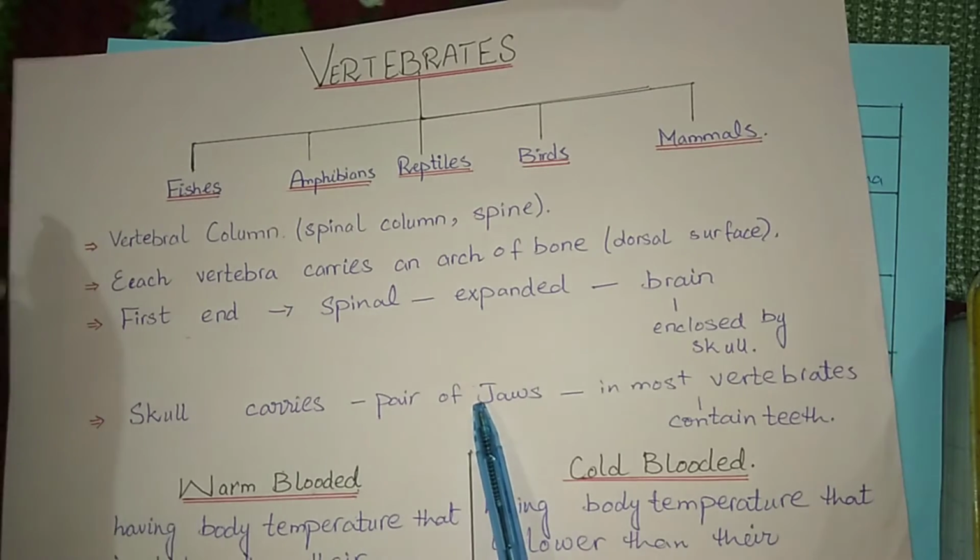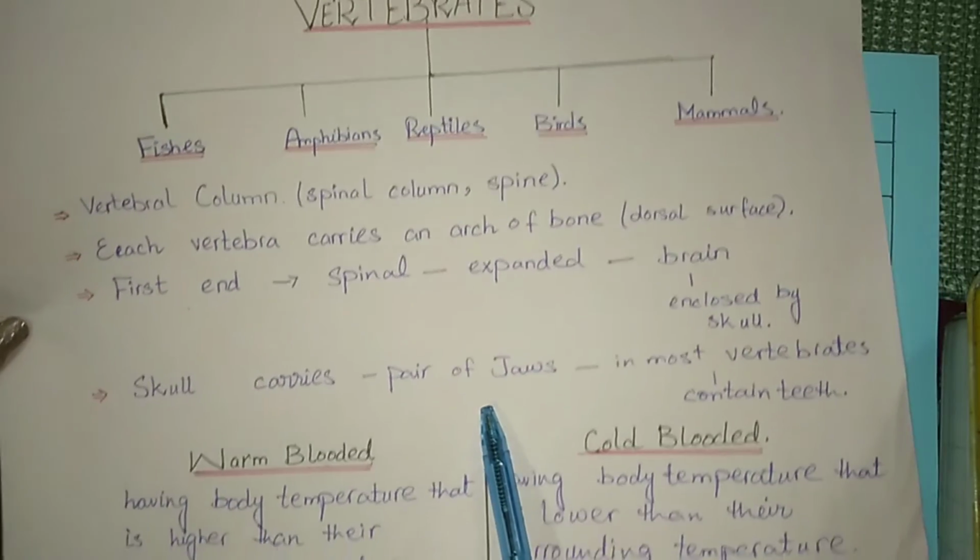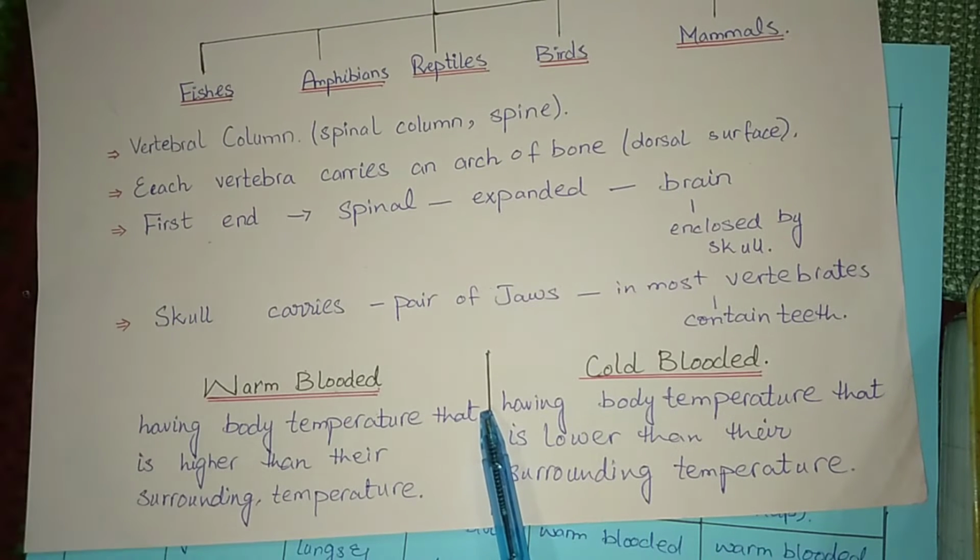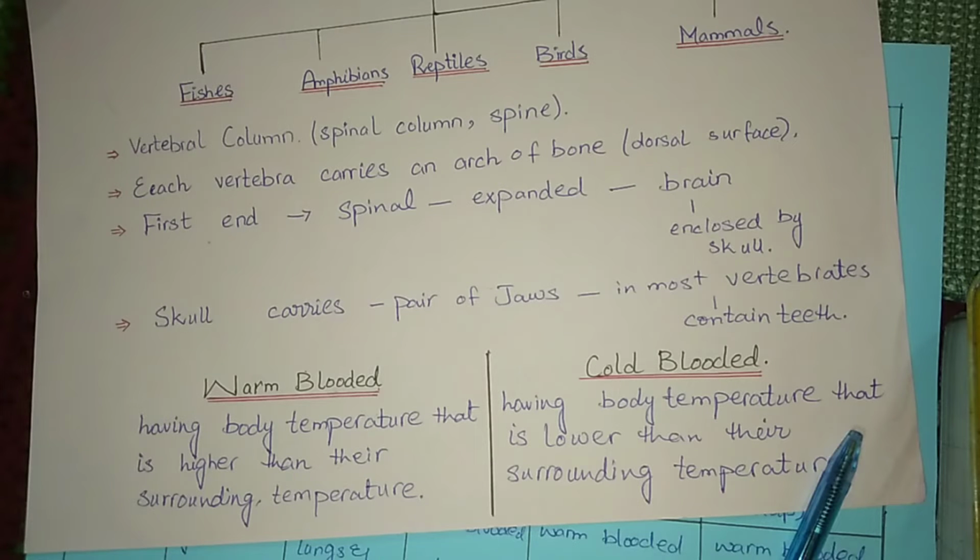Now we have to know about warm-blooded animals and cold-blooded animals. There is a bit of a difference between these two terms, and we can get a bit confused. Warm-blooded animals have a body temperature that is higher than their surrounding temperature. These include birds and mammals.